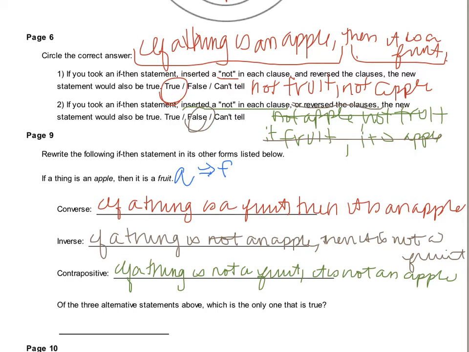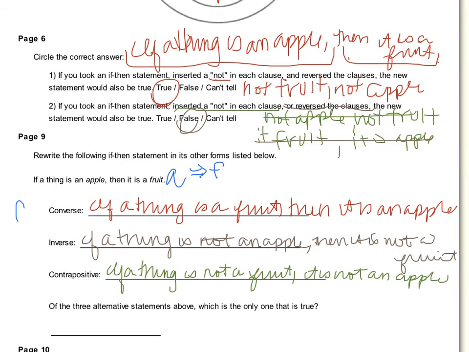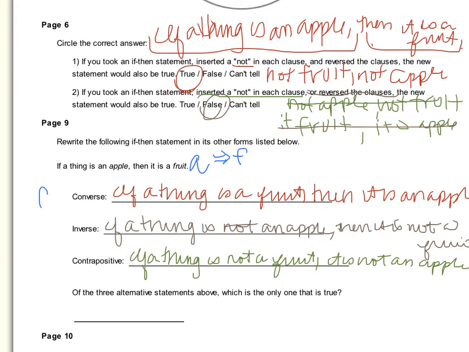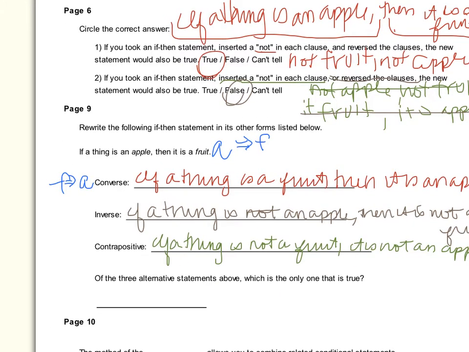The notation for a converse would be the opposite of that: a fruit implies that it is an apple. The inverse says not an apple. To write the not symbol, we're going to do kind of a sideways L. So not an apple implies not a fruit.